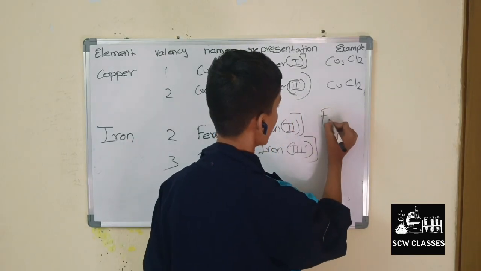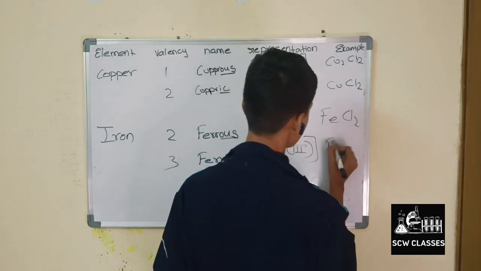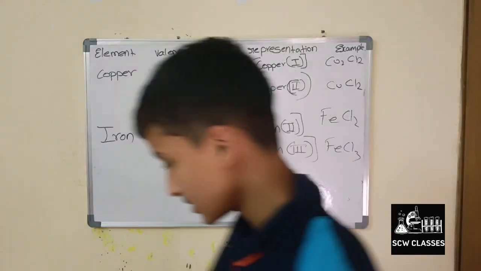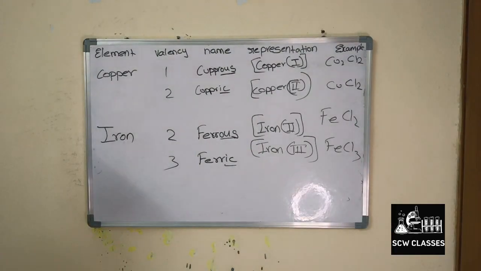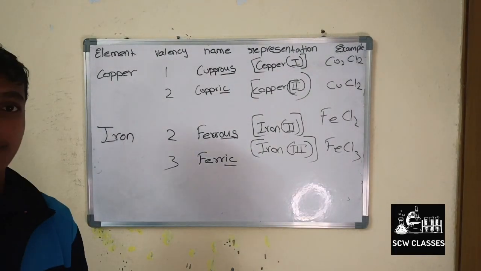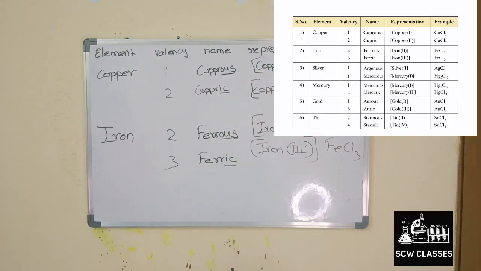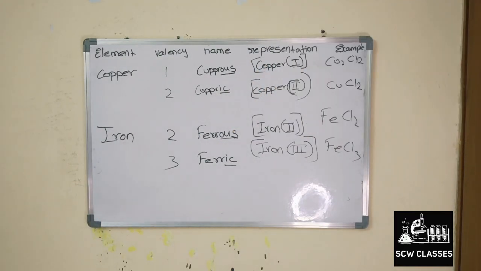Example: FeCl2 and FeCl3. Clear guys up to here? Note it. And if you want more examples, you can see there is a table here. Okay. Note it. Over guys.